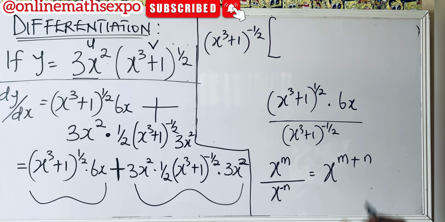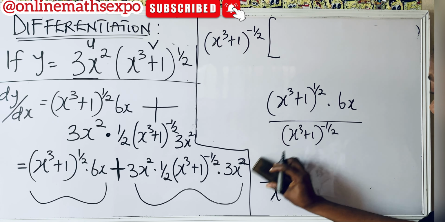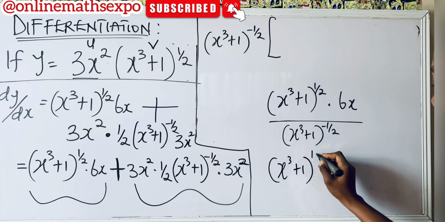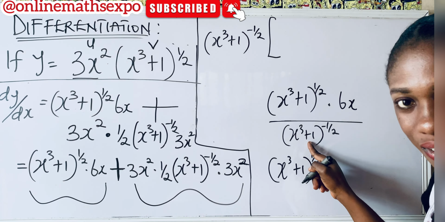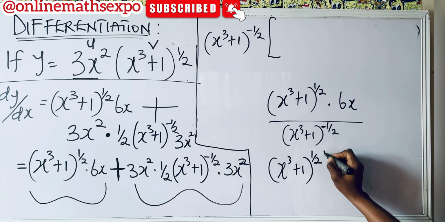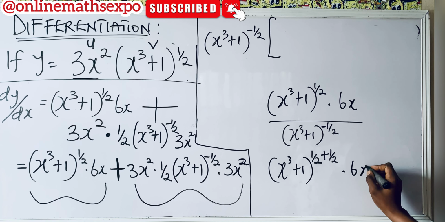If we do that, for this we are going to have x cubed plus 1 to the power of half. This and this are of the same base, so we are going to subtract. Now, because this has a negative, it's going to be positive half. Then multiply by 6x.